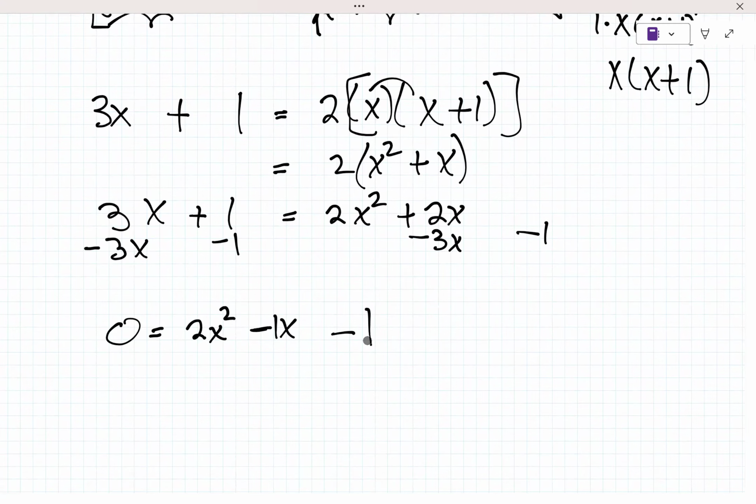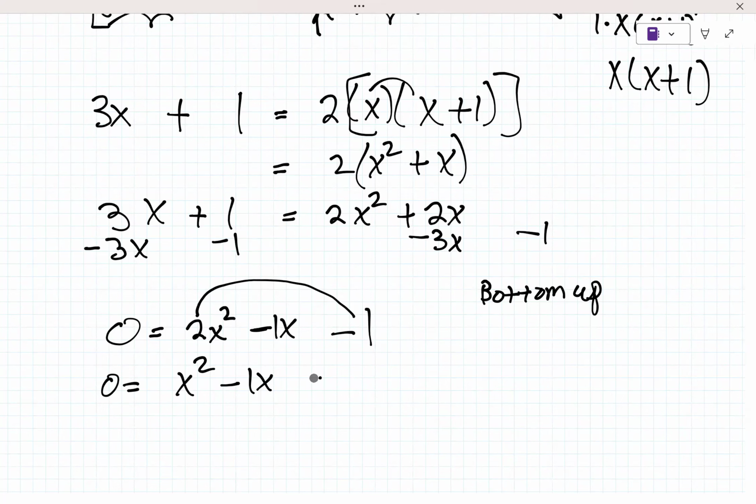Okay, now we're going to factor this out. As we can see, the a value is no longer 1, it's 2, so you're going to try bottoms up. The first step is to rewrite it as if 2 doesn't exist. So it's going to be x squared minus 1x, and then you multiply 2 by negative 1, which is negative 2. And then factor this out. So it's going to be x, and then a blank space.